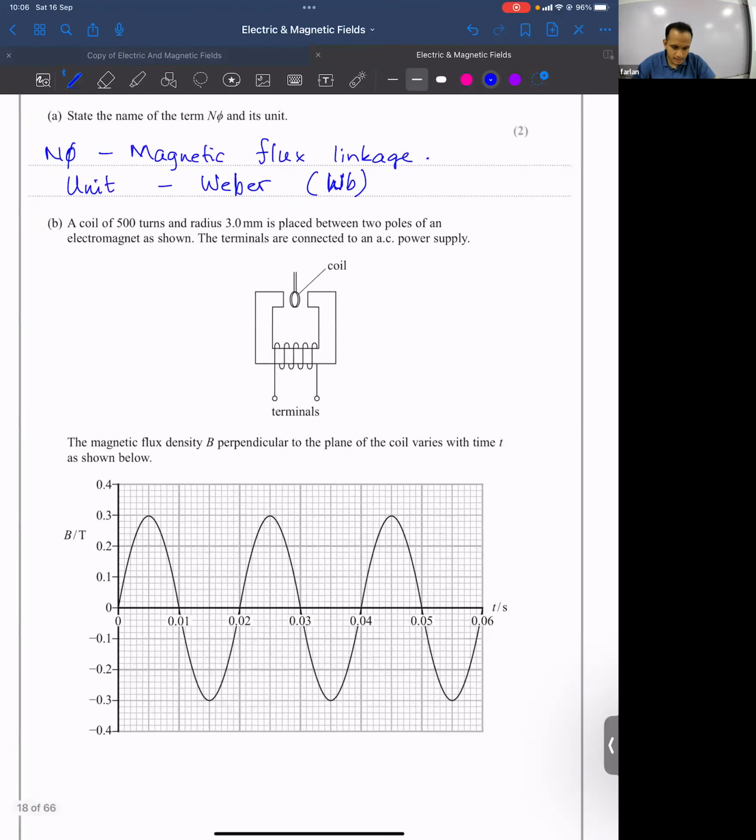The magnetic flux density B, perpendicular to the plane of the coil, varies with time t as shown below.